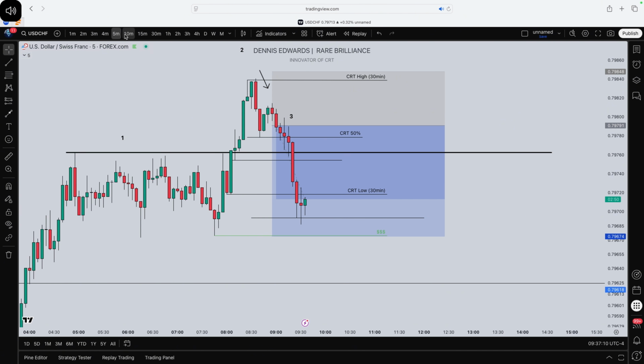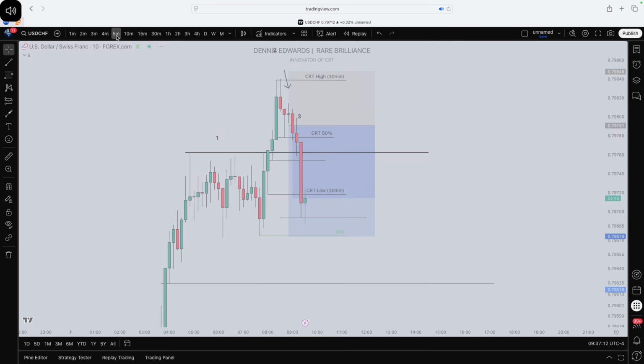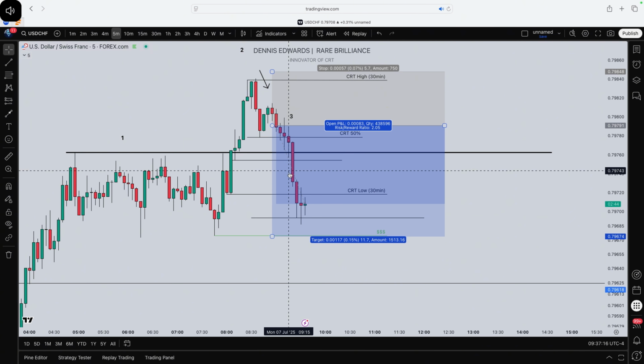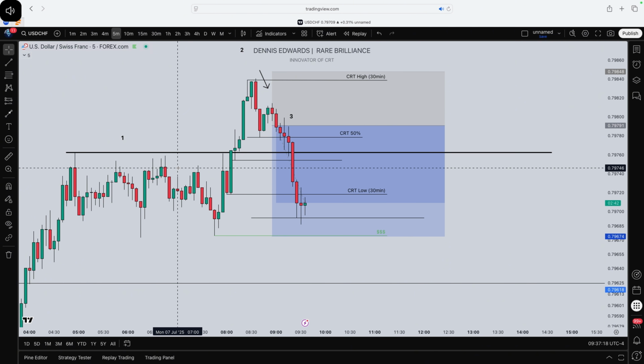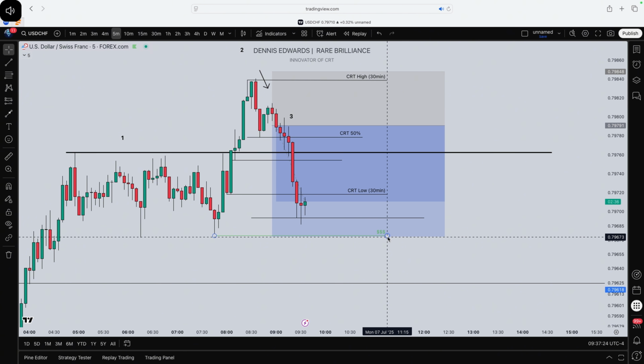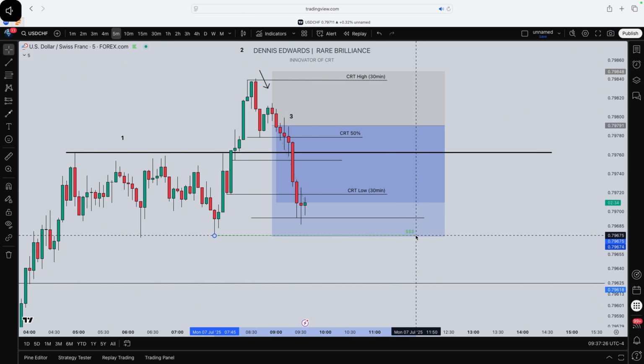It closed around the same time actually. So yeah, I'll probably just stay here. You just gotta watch these candles, watch how the market plays from here, and be able to react accordingly. So let's see. I want to see this area tapped into.